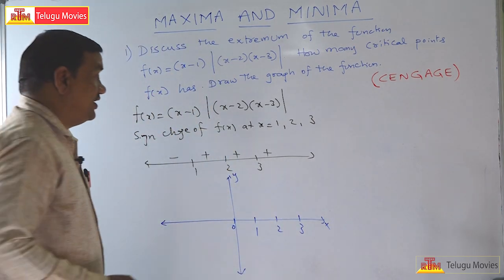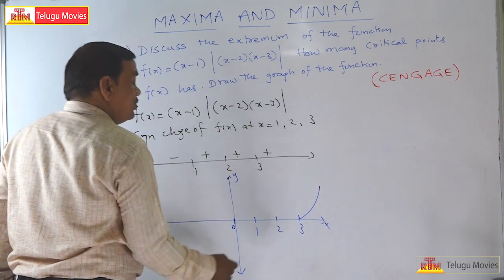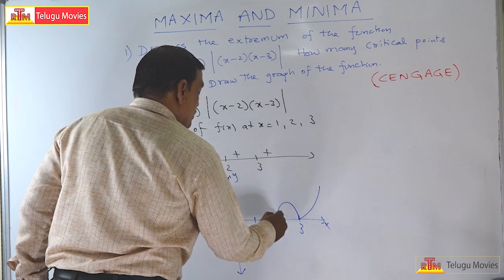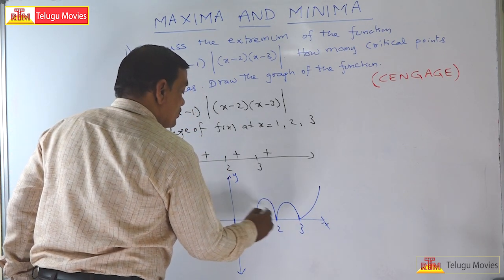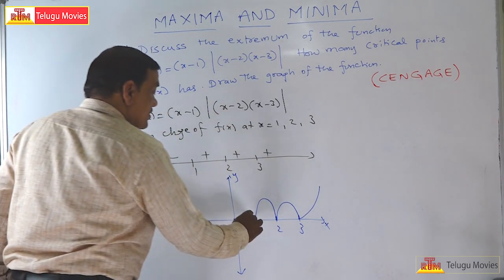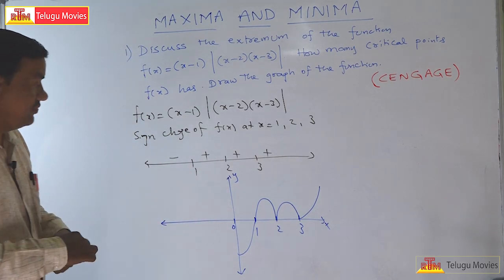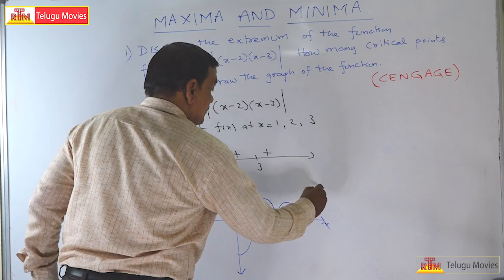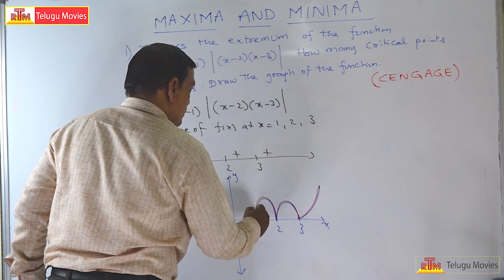Greater than 3, it will be positive like this. Between 2 and 3, it is also positive. Between 1 and 2, it is also positive. Before 1, it will be negative. This is the graph of the function.